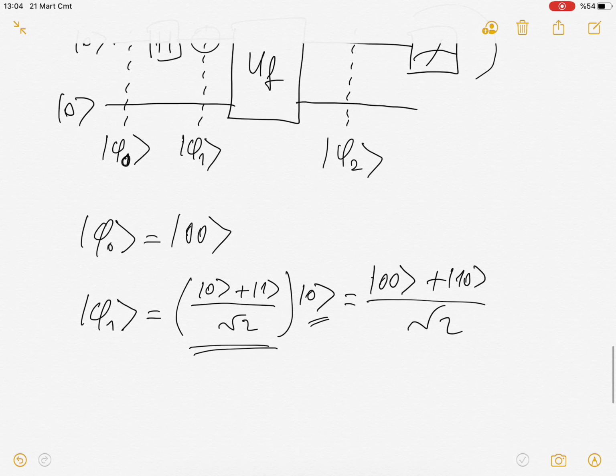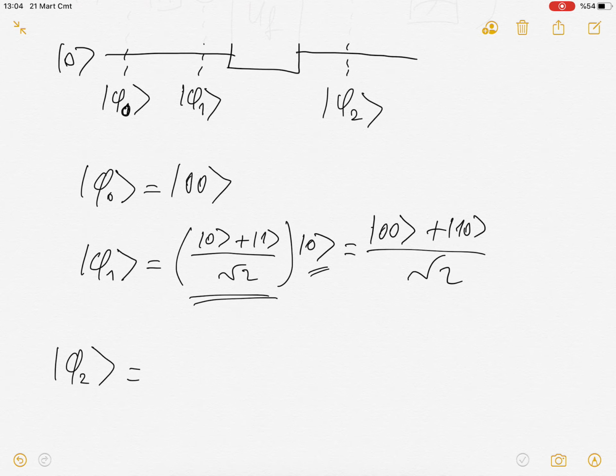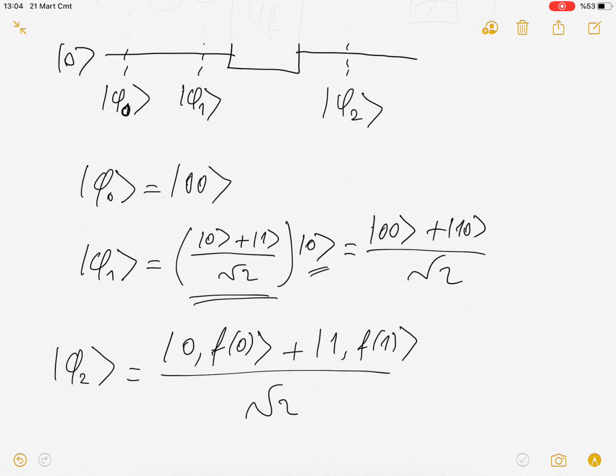UF is a linear function, so phi 2 will be UF|00⟩ + UF|10⟩. The output is |0, f(0)⟩ if we apply UF to the first component, and in the second component we have |1, f(1)⟩, divided by, we have the 1 over square root 2 amplitudes.